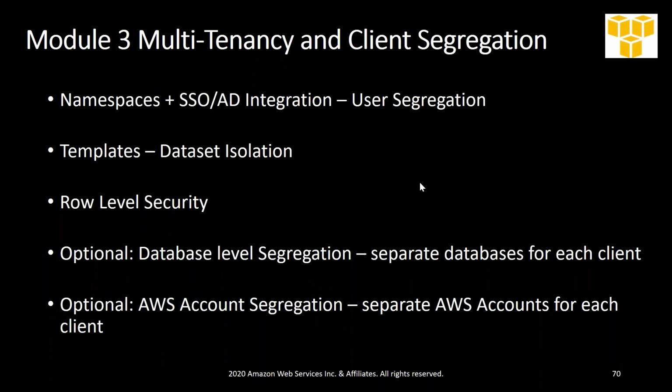The first one is to segregate your users, and that is achieved through namespaces, and that's what we are going to be doing here in this portion of the lab, in this module. And another one is to isolate your data set, and that is what we saw in the templates, where we created a certified data set for just the customer, where you get to control what the customer sees, right?